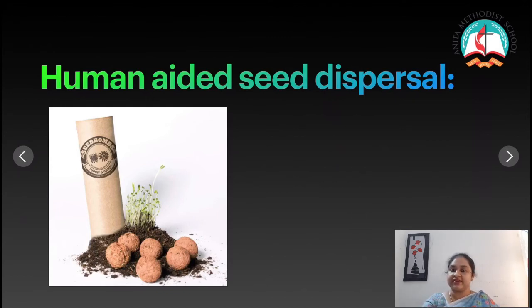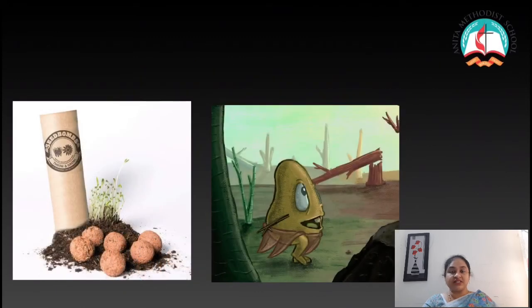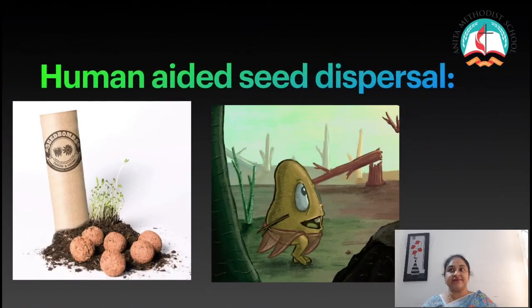What do you see here? These are called seed balls. Seed balls is an ancient Japanese method where the seed is in a mixture of clay and soil humus. Also in cow dung, they make balls out of it and scatter them in suitable grounds.